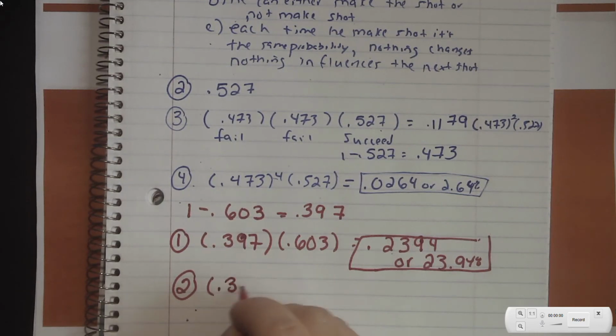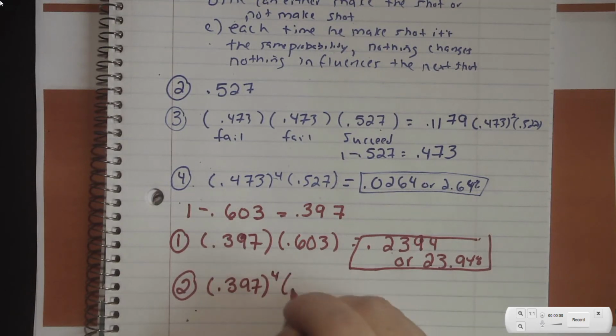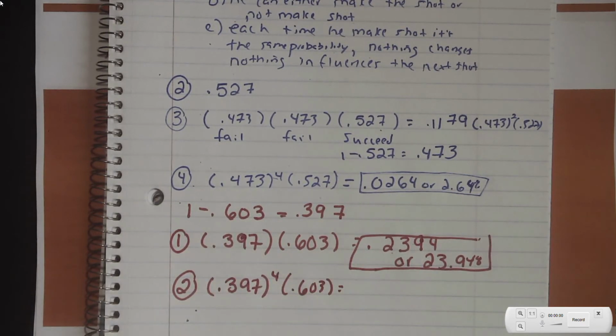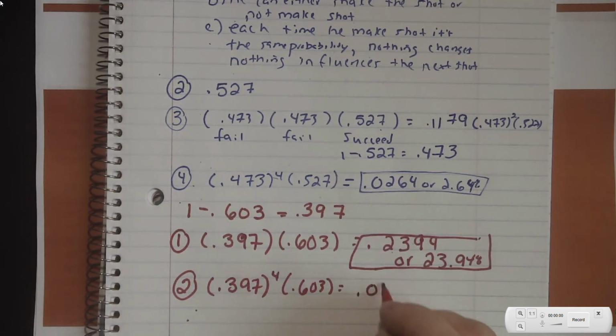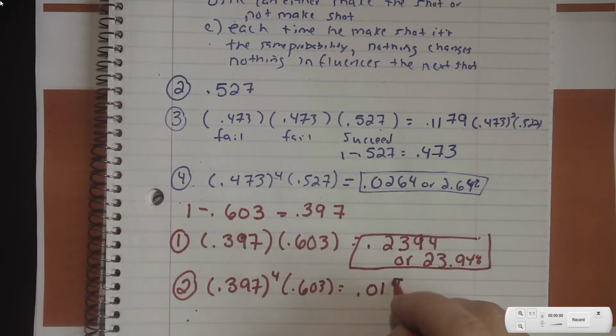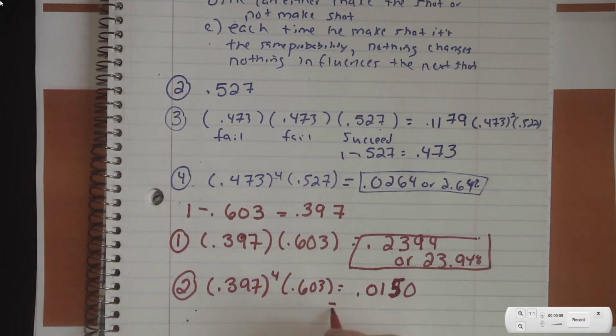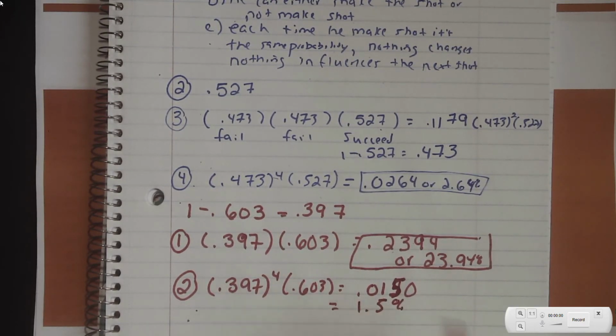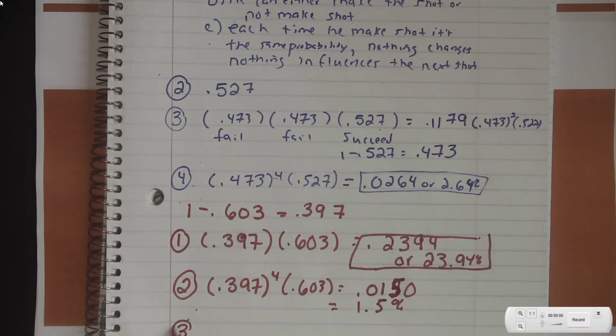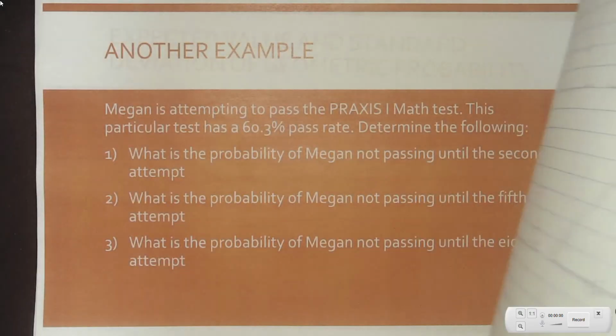Well, then we do 0.397 to the fourth, because it's 5 minus 1, and then times 0.603. And that gives me 0.0150, or 1.5%.